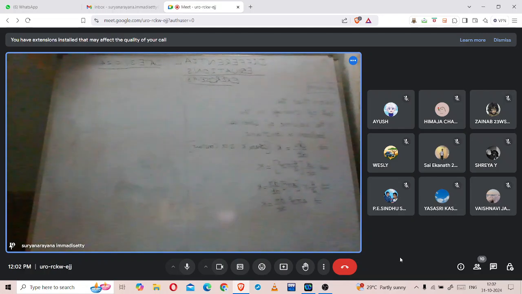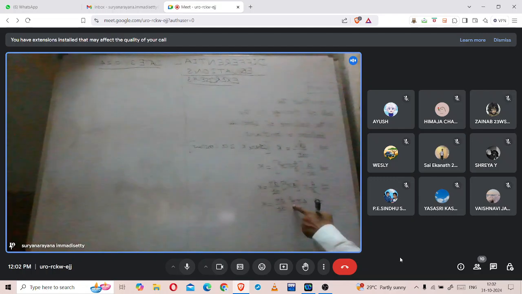Now separating the variables. This is the differential equation we got: 4 pi r square dr by dt is equal to k. That is the required differential equation, and we have to solve it. How do you solve it?